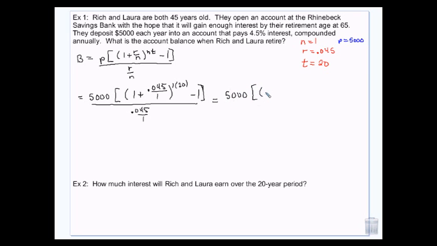So 5,000, this is 1.045 to the 20th. And I got that because 0.045 divided by 1 is just 0.045, then plus 1, which is 1.045. And 1.045 to the 20th is 2.411714025 minus 1.